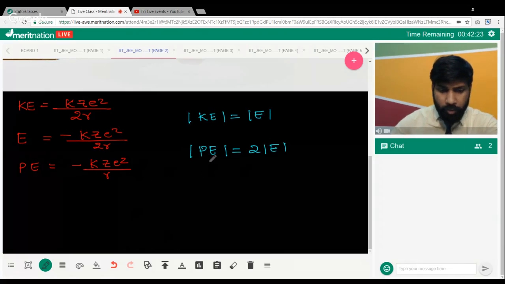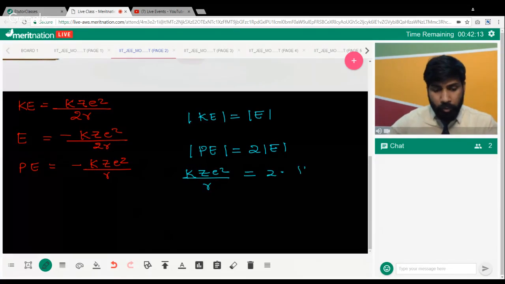Students, we can use these relations in the above numerical.